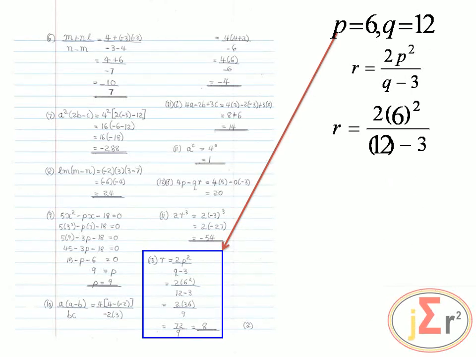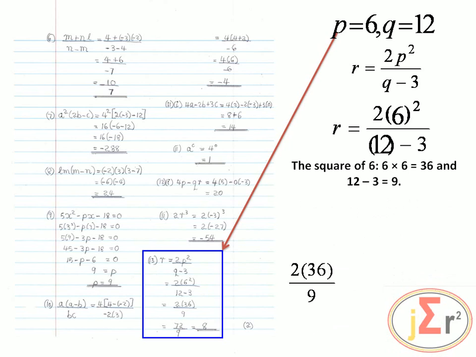And the simplification of this one is simple. The square of 6, 6 times 6 is equal to 36. And 12 minus 3 is equal to 9. So we have 2 times 36 over 9, which is of course 72 divided by 9, which is equal to 8.